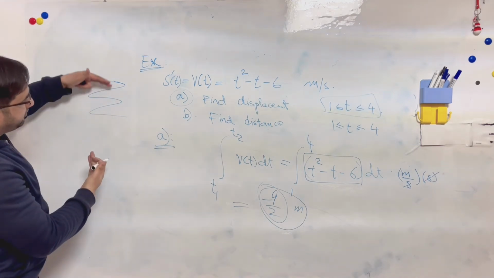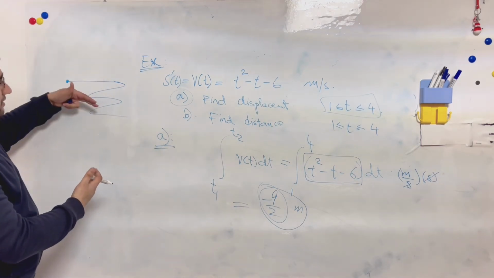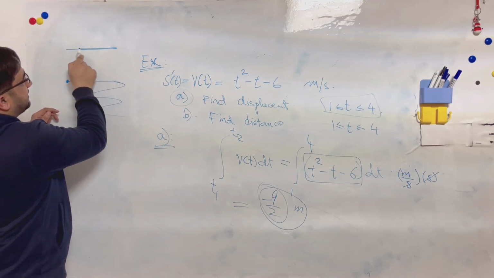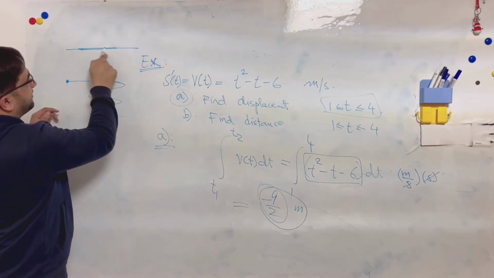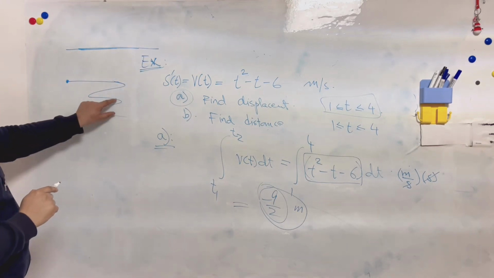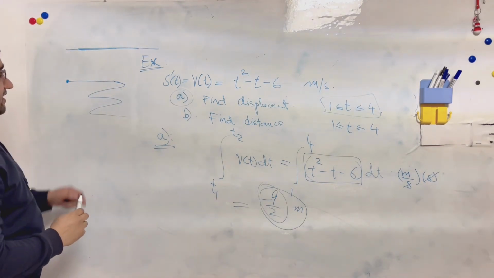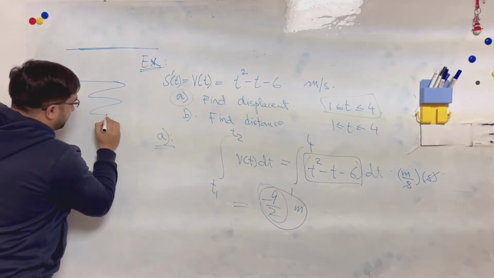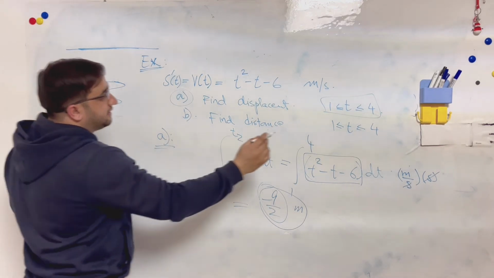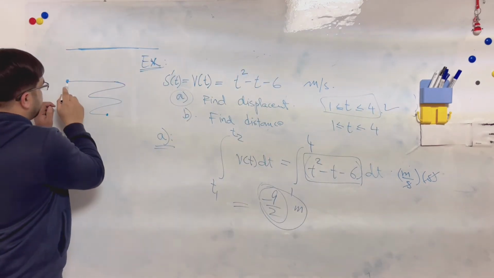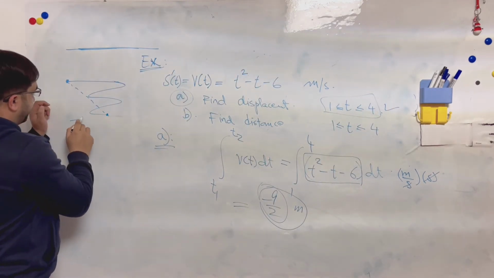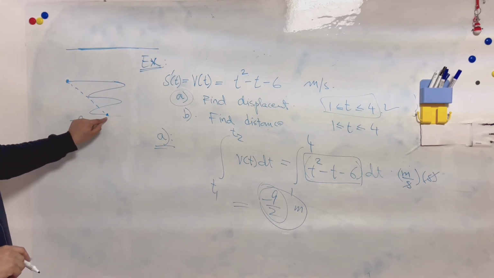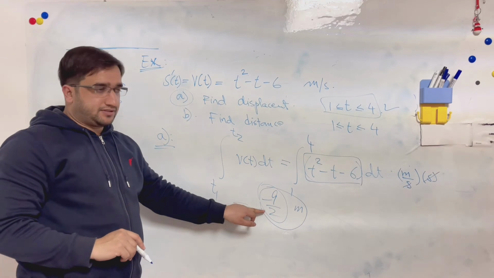I have to draw it like this so that you can see the particle is actually moving on the same line. Suppose the particle stopped here in the interval, then this distance is minus 9 by 2 meters, the distance from this point to this point. This is the answer for the first part.